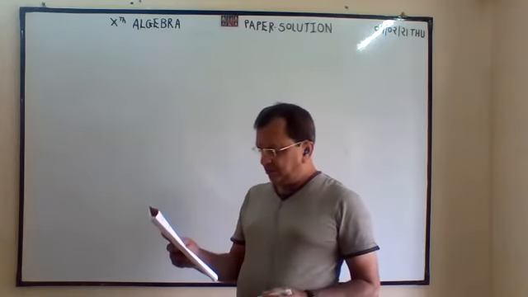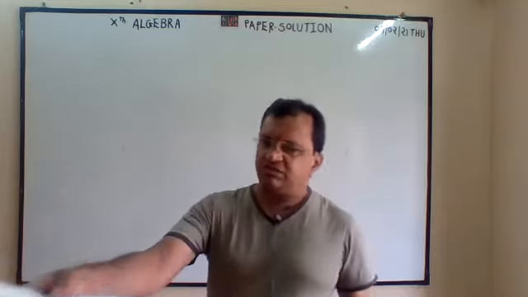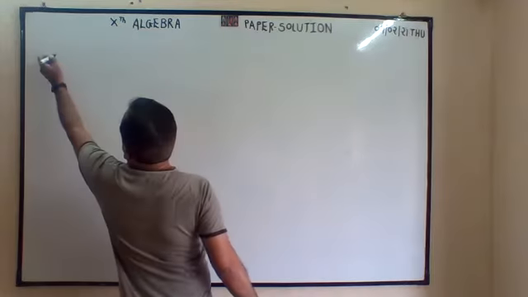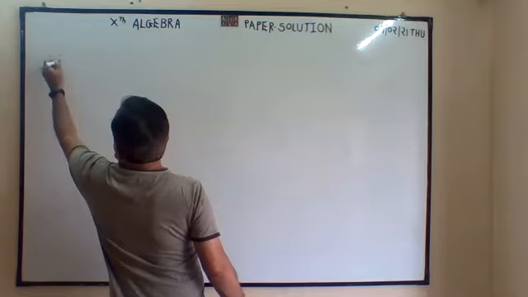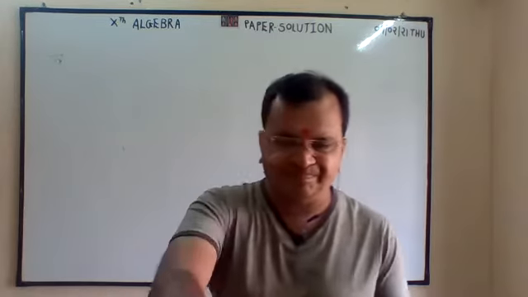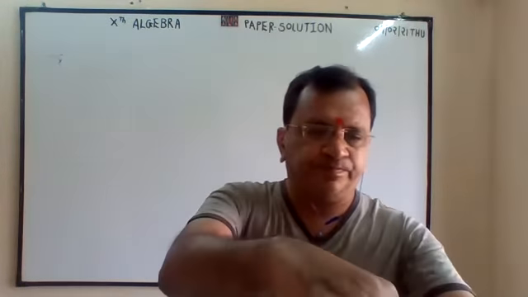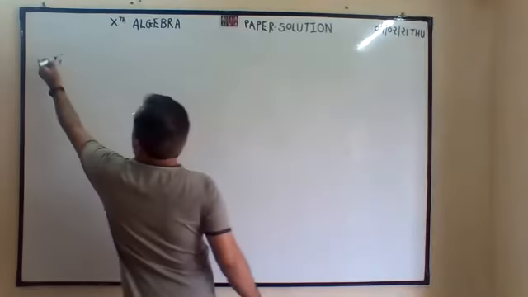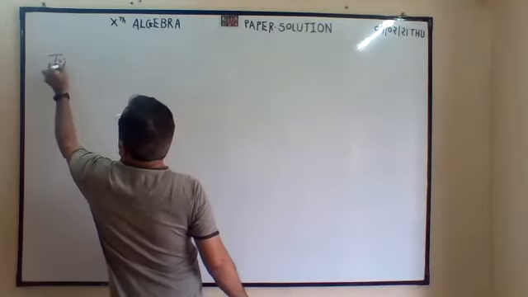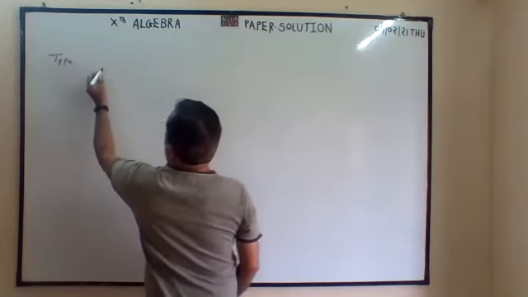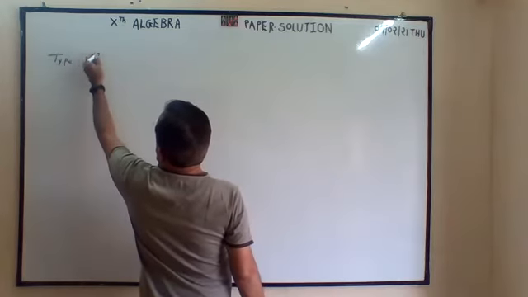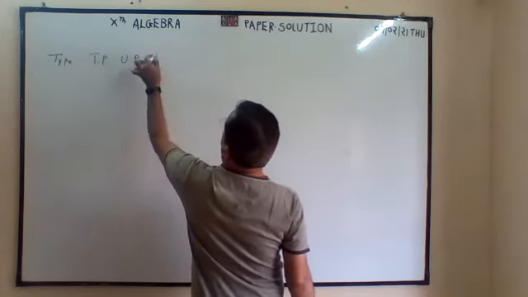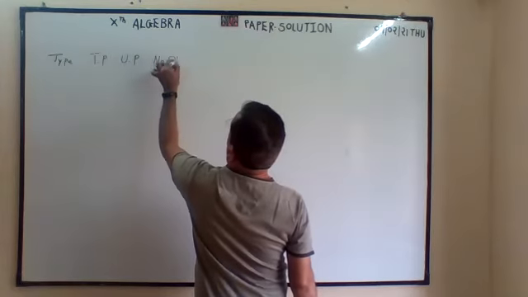2-digit number and the number with digits interchanged. You have to prepare a table first. Type of the number, 10th place, unit place, number obtained.